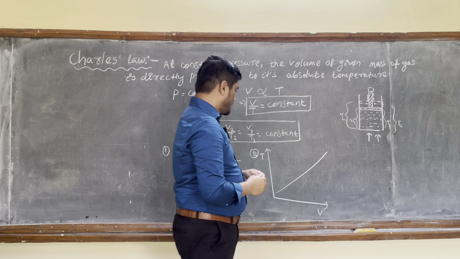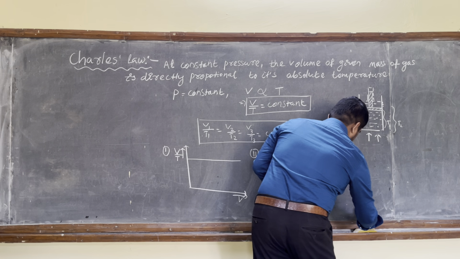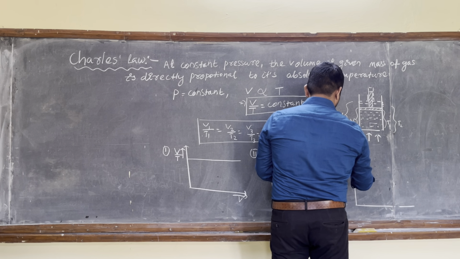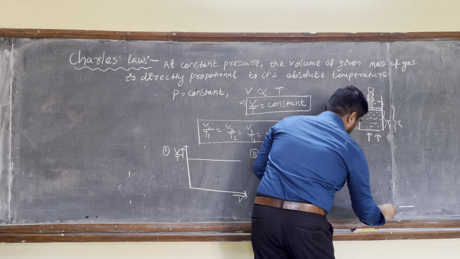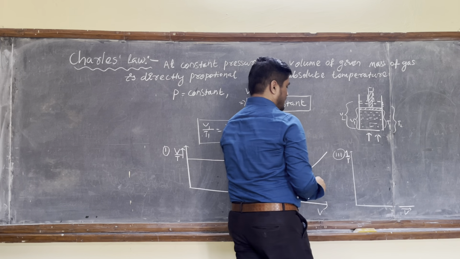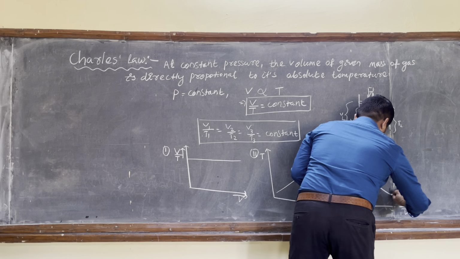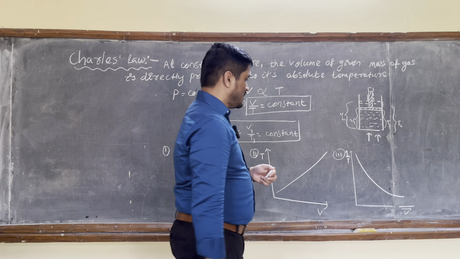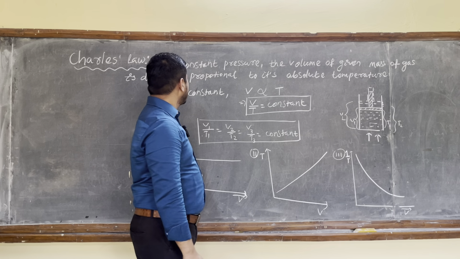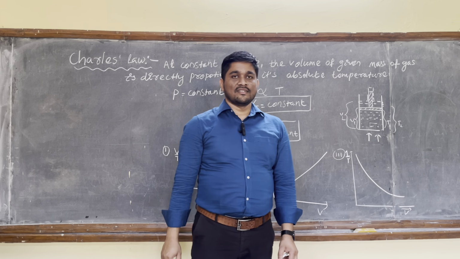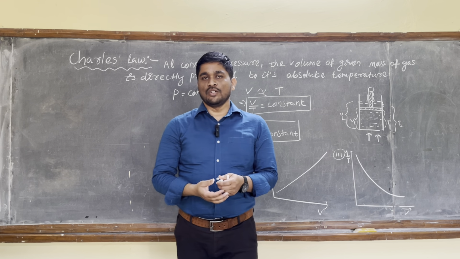And another graph, by taking 1 divided by T along the y axis and volume along the x axis, you will find it will be a curve. Clear? So these are the graphs for Charles' law. Then you have to find out what will be the new volume.